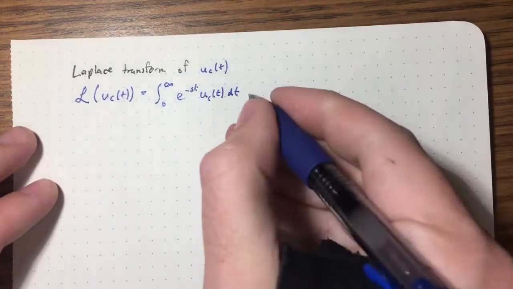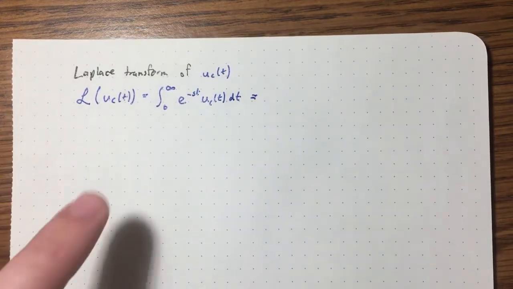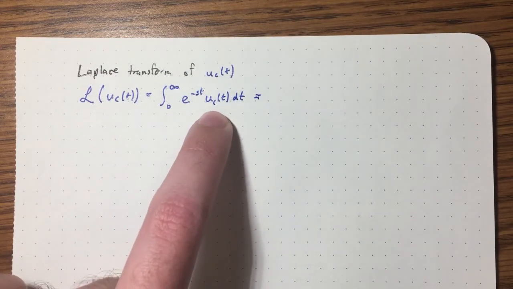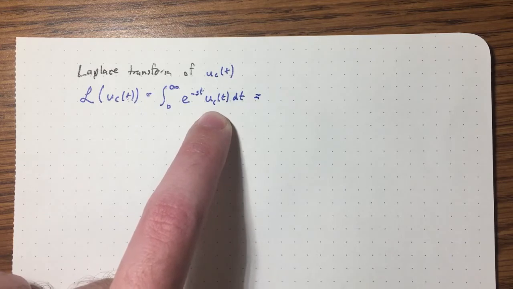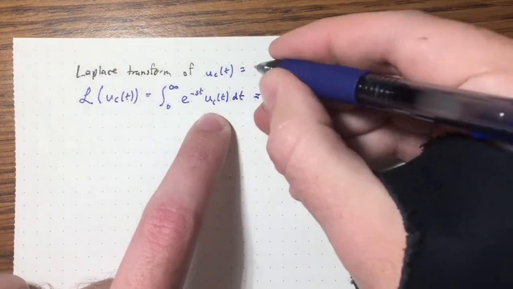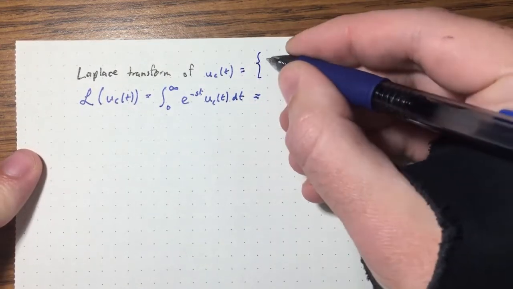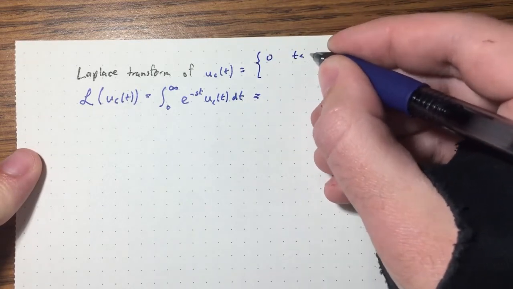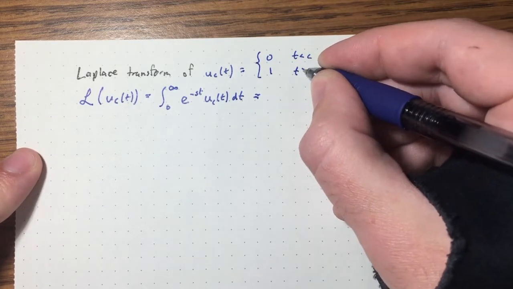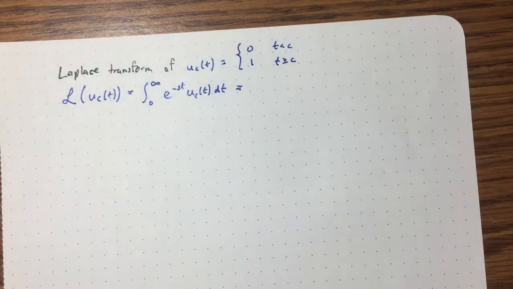Okay, what is this? Well, let's think about uc of t. uc of t is the function. Well, what is it? It's 0 when t is less than c, and it's 1 when t is greater or equal to c.